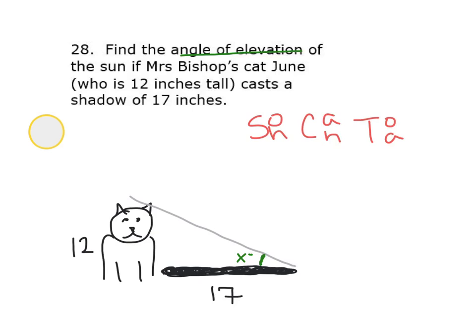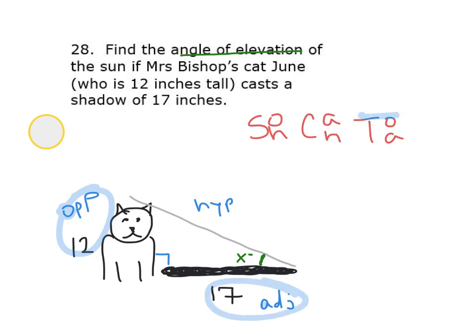I'm going to label the triangle. So the height of the cat is representing our opposite, and the shadow is our adjacent, because this would be our 90-degree. Which means we are focused on the O for opposite and the A for adjacent.